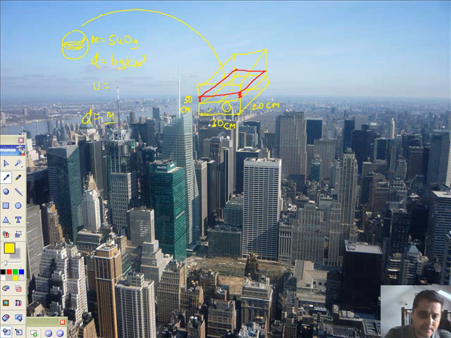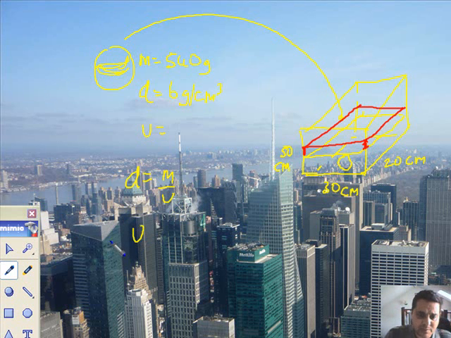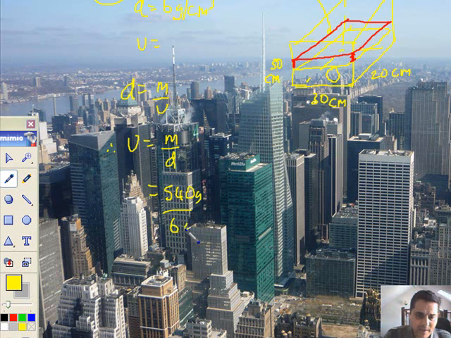Write it down, and volume is going to be, therefore, change it over, mass divided by density, substituting mass 540 grams by 6 grams per centimeters cubed. Please note the grams will cancel, leaving me centimeters cubed. It makes sense, doesn't it? So I've got 540 over 6 comes to 90 centimeters cubed of volume. Right, so that's gone in there.